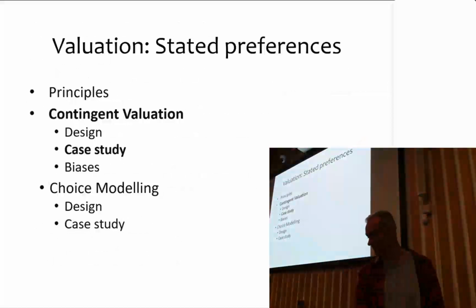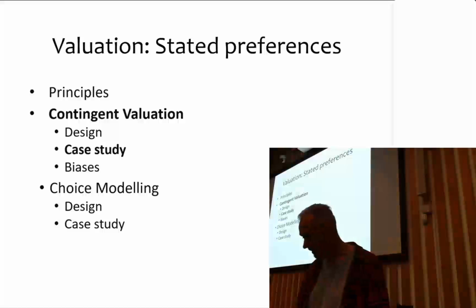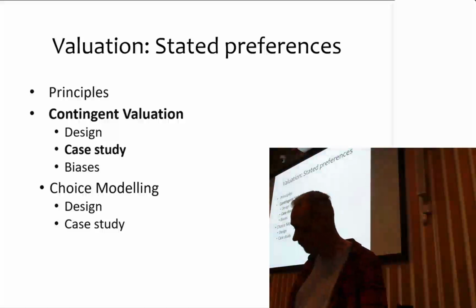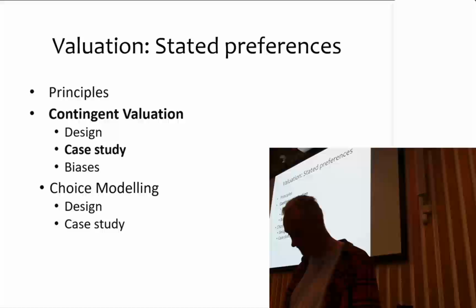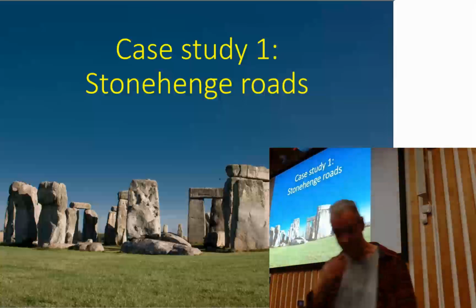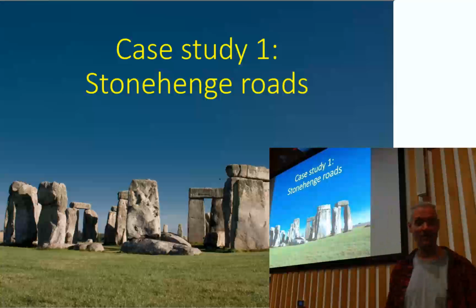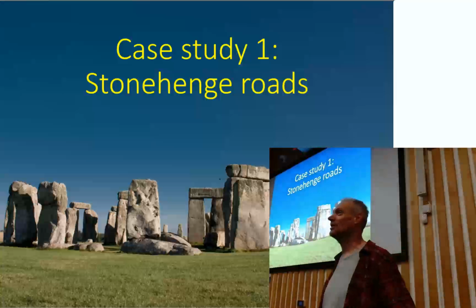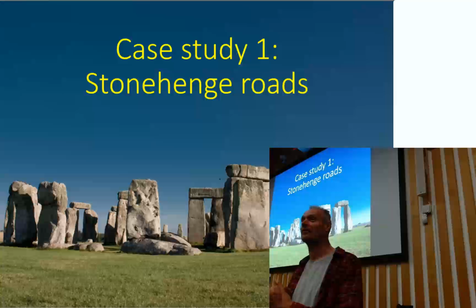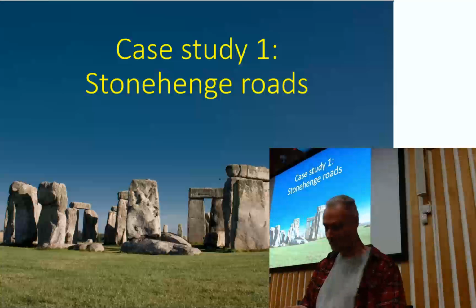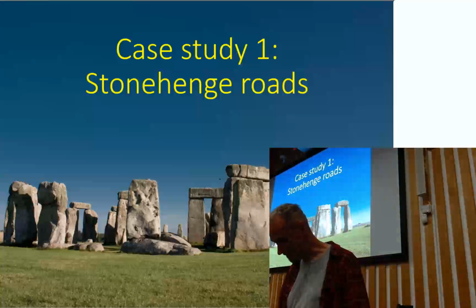So let's look at a particular case study where this was done and see how it is done, just to put a little bit more flesh on this. This is a study not of Stonehenge, but a study of the area around Stonehenge, and that is actually an important distinction.